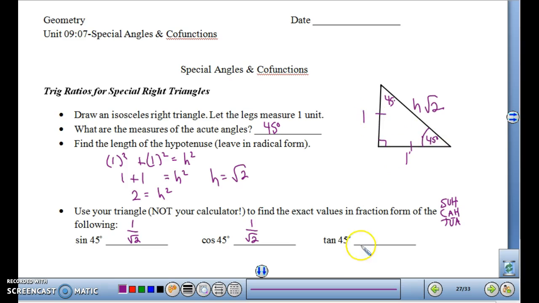Opposite over adjacent would be 1 over 1, which is equal to 1. So the values of sine and cosine of 45 are the same, and the tangent of 45 is 1. So always, when you have a 45-degree angle, it will be 1 over the square root of 2, 1 over the square root of 2, and 1. So that will give us a pattern later on that we'll talk about.